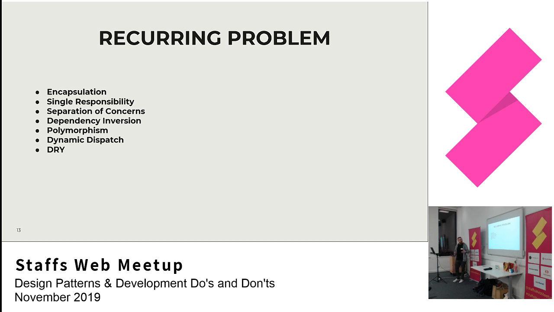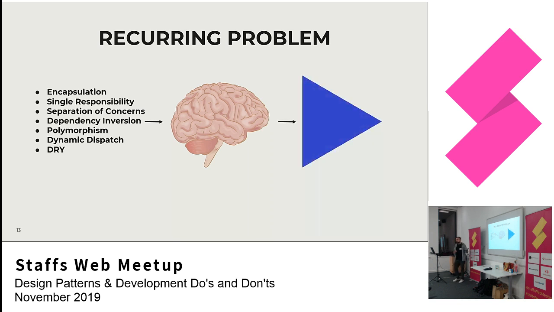It's not an exhaustive list, but you take these principles that the designer knows, they run it through their design experience, and they come to some initial solution, which is represented by the blue triangle. But maybe it's not as maintainable or as extensible as they'd like it to be, so they refactor and they come towards a new solution.